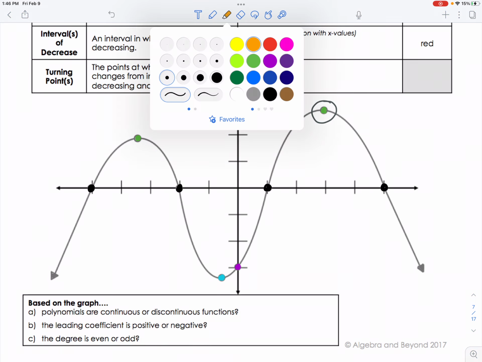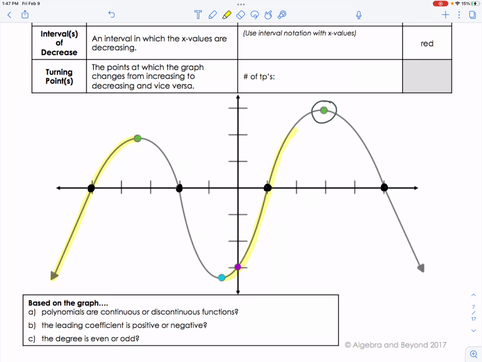Here, up until we get to the green point, and here, from that blue point, the minimum, up to the maximum. Here we are increasing. We want to be careful when we say where it's increasing: we don't include the points where it stops, because it's not increasing at that point. So we're going from negative infinity to -3.5, and then from -0.5 to 3.